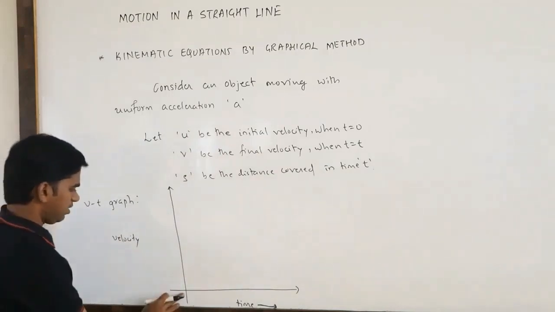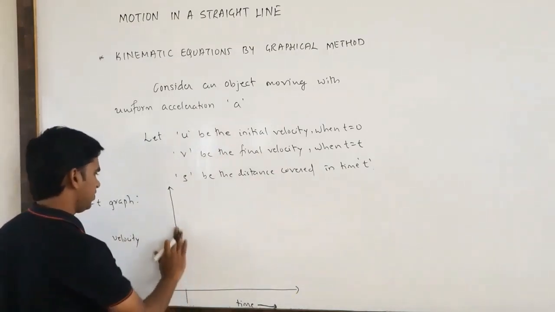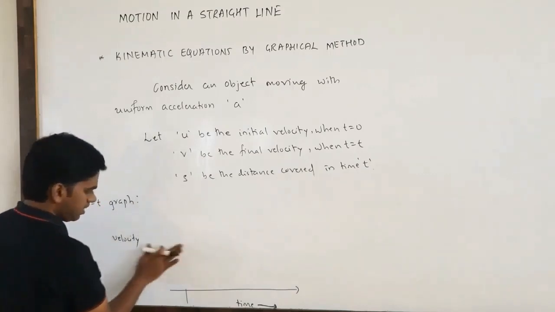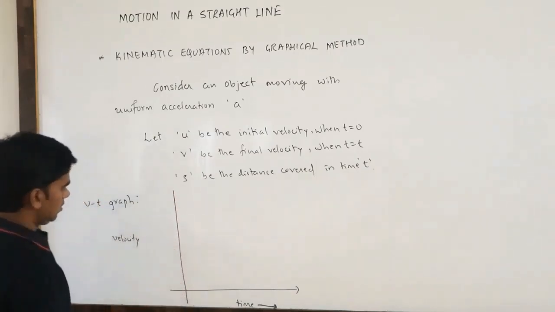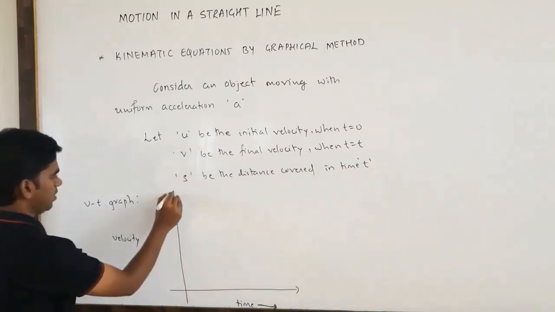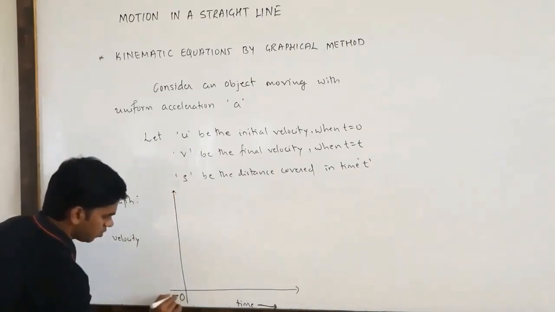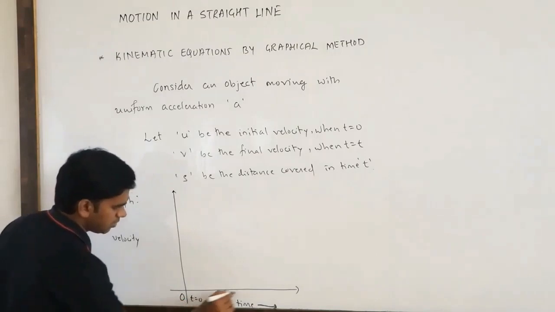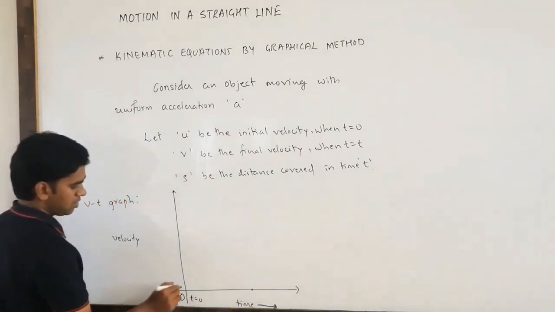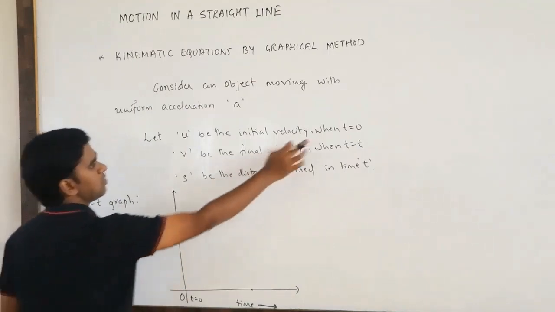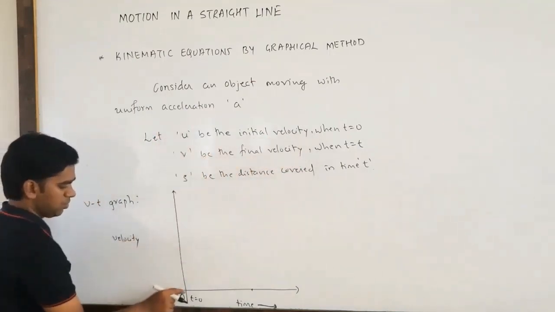Now if you want to draw the graph for these given things, I will take t equals 0 here. Somewhere we can take t equals t also. Here when t equals 0, velocity is not 0, so you cannot start from the origin.